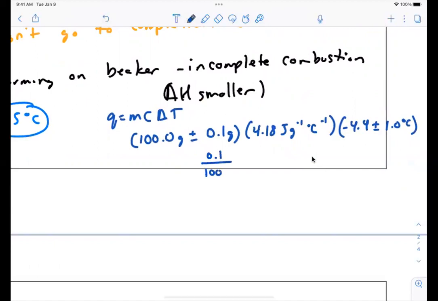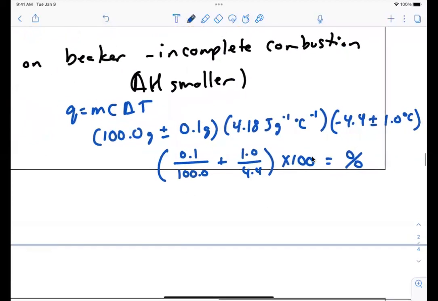So 0.1 over 100 plus 1.0 over 4.4, times 100. And that gets you your percent uncertainty for this. So make sure you remember how to process uncertainties, whether you're adding and subtracting or multiplying and dividing.